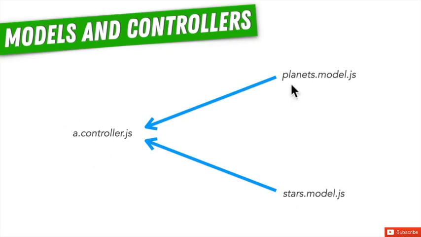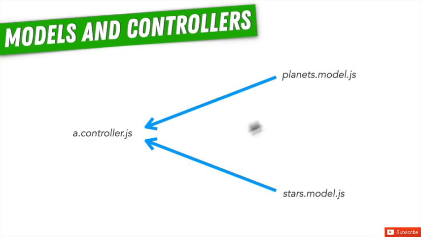And it's possible that our planets model might be used in another controller, maybe in one that deals with mission launches. And maybe our stars model is used in a constellation controller.